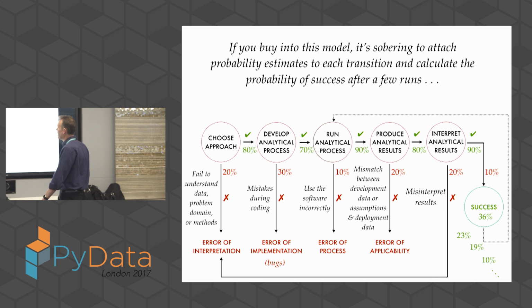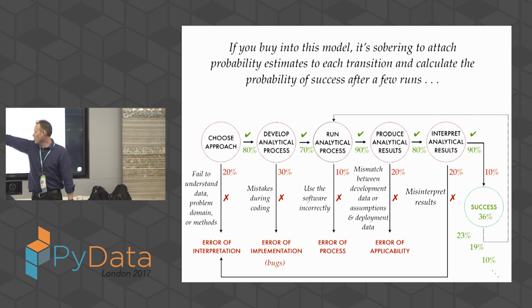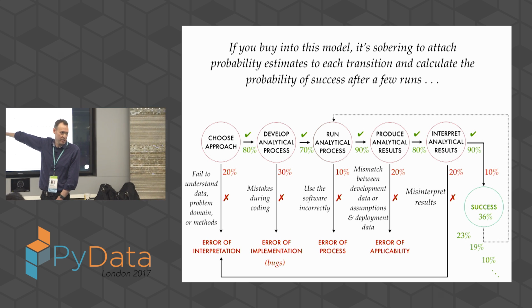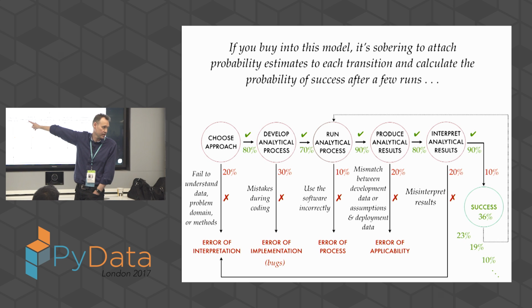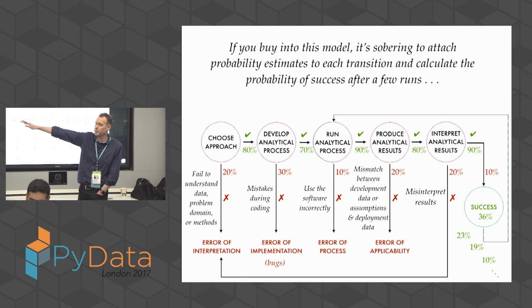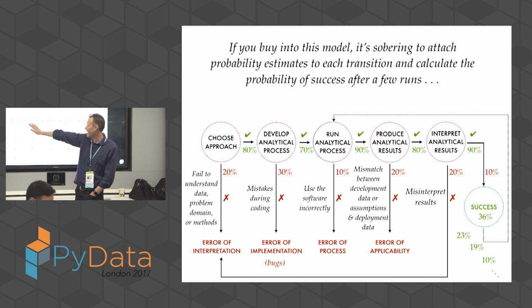So I reckon you're doing pretty well if 80% of the time you don't fundamentally misunderstand something at the start. Maybe you're better than that. Maybe you can do it 90% of the time. Maybe you can do it 99% of the time. I think 80% is pretty good. Not making an important bug, an important mistake, a meaningful one, not just some trivial one that gets a decimal point wrong, but a fundamental bug in coding, I think 70% is incredibly optimistic for that.